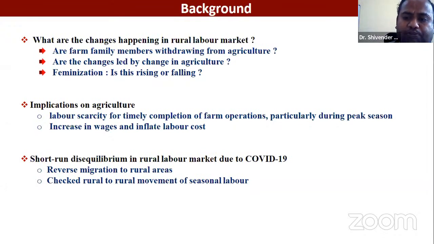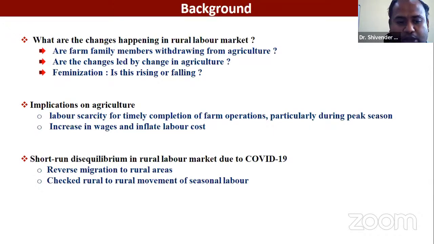So, can we do a study or analyze whether there was a short run disequilibrium in the labor market due to the reverse migration to rural areas and the rural to rural movement of seasonal labor?